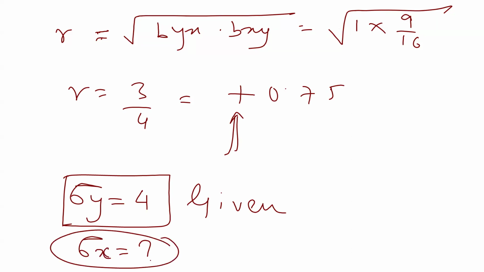So consider any one regression coefficient. Let's consider byx. The formula in terms of R is byx is equal to R into sigma y upon sigma x. So byx we have calculated. Byx is equal to 1.